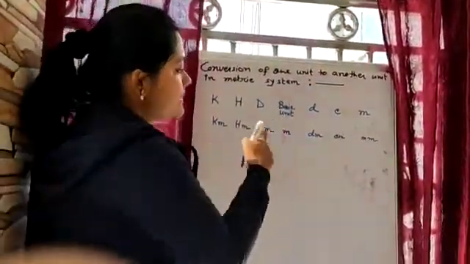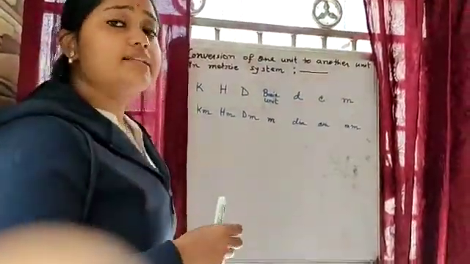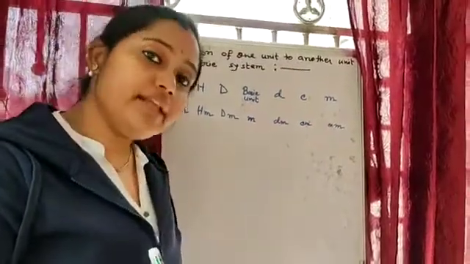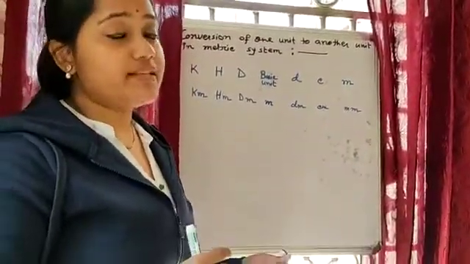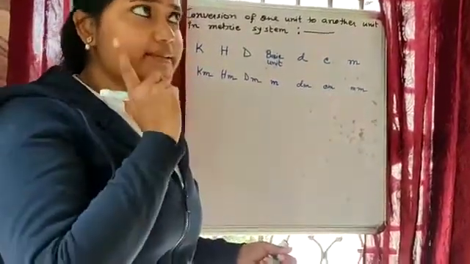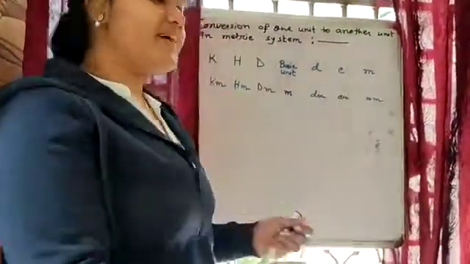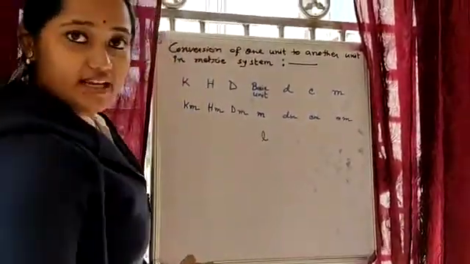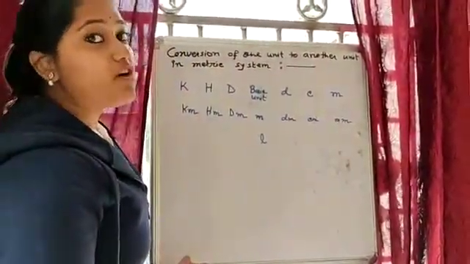Now suppose the basic unit is something else. Suppose we want to find out the volume of some liquid. At that time, what will be the basic unit? Yes, you are absolutely correct. That one will be liter, and it is represented by small l.